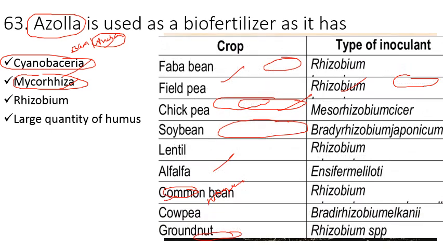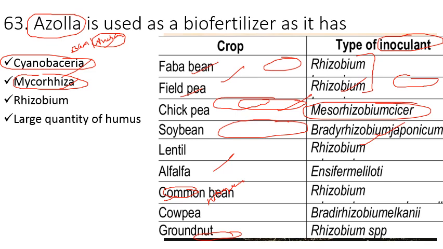There are certain crops and associated inoculant rhizobiums, like we have fava bean and field bean. Here, the inoculant used is rhizobium. Then chickpea, we use Mesorhizobium ciceri. In soybean, the rhizobium used is Bradyrhizobium japonicum. Lentil, again rhizobium. And alfalfa, it is Ensifer meliloti. This is the rhizobium which is used in alfalfa.